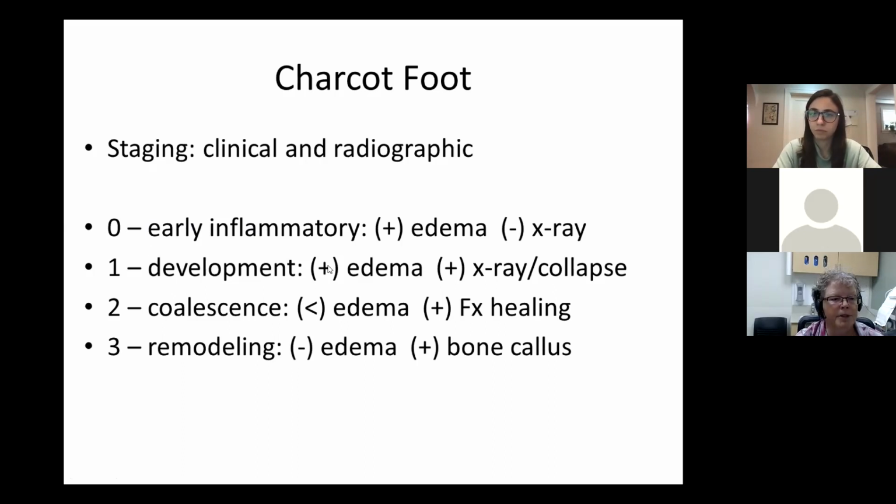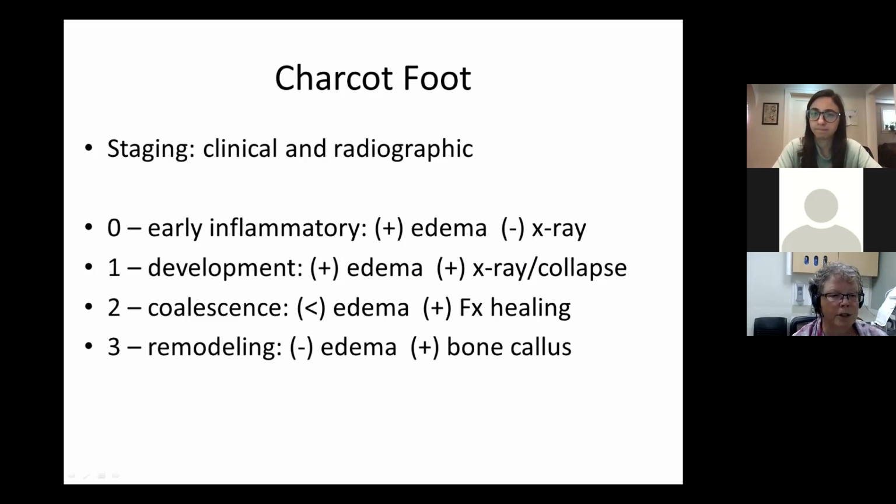In the developmental stage, you're going to have the edema and you're going to start to see some X-ray changes. If we can capture people in stage 0 or 1, we can try to stabilize the foot so they don't get a full-on collapse and fragmenting of all the bones.